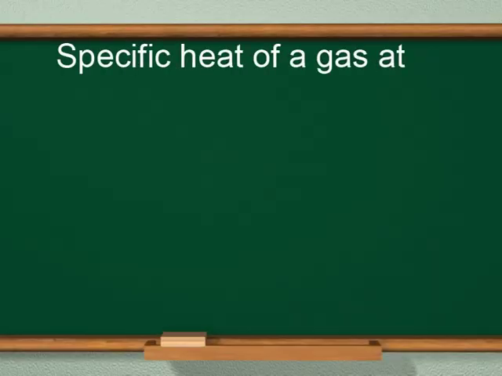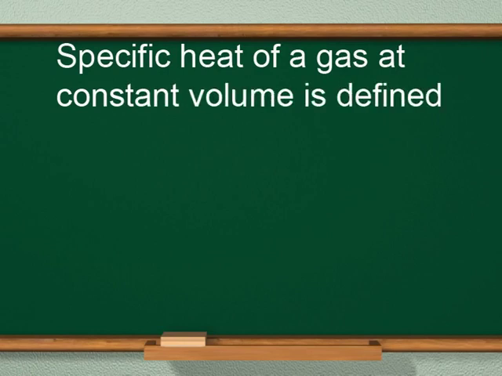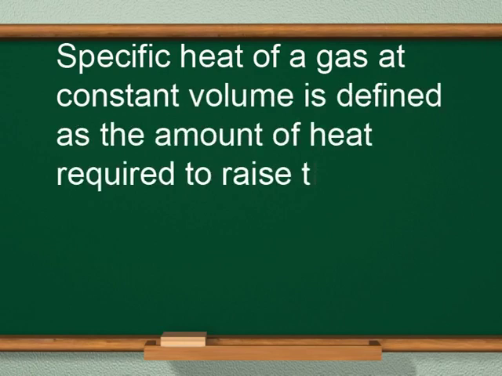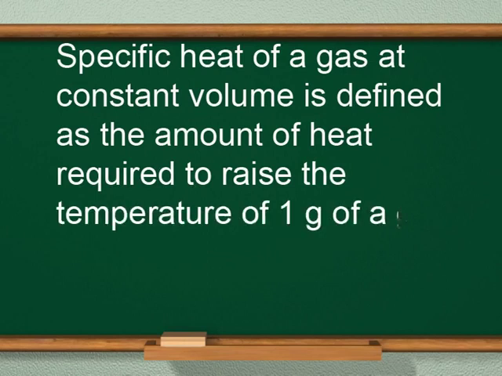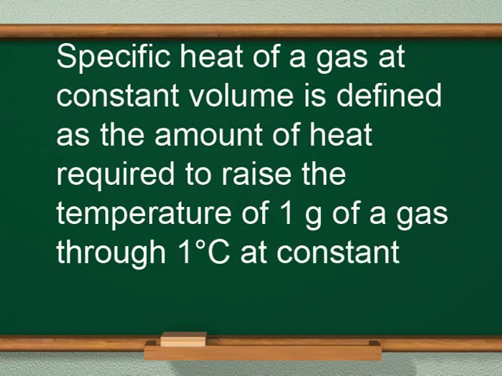Specific heat of a gas at constant volume is defined as the amount of heat required to raise the temperature of 1 gram of a gas through 1 degree Celsius at constant volume. It is denoted by small cv.